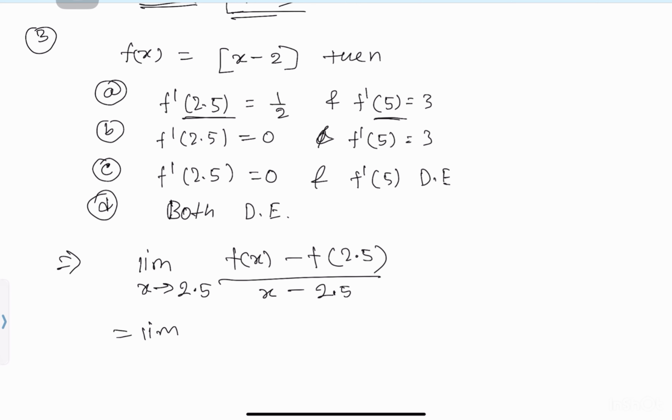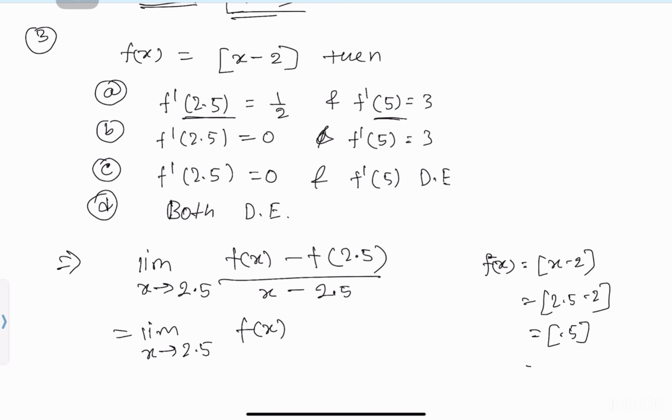What is the functional value at 2.5? If I put 2.5 here, f of x equal to box of x minus 2, so 2.5 minus 2 gives 0.5, and the box function value of 0.5 is 0. So minus 0, divided by x minus 2.5.